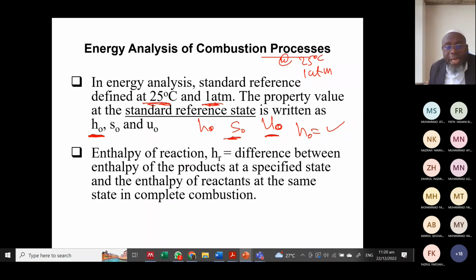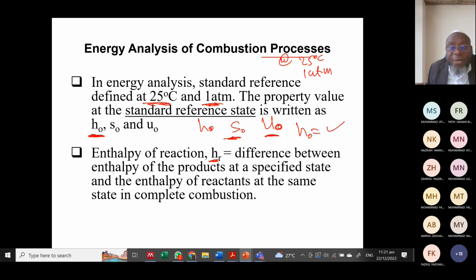All right, so then again we have HR, the enthalpy of reaction. It is the difference between the enthalpy of the product at the specified state and the enthalpy of the reactant at the same state in a complete combustion.